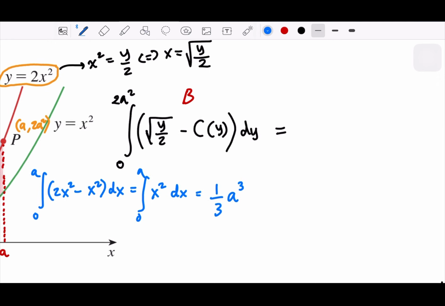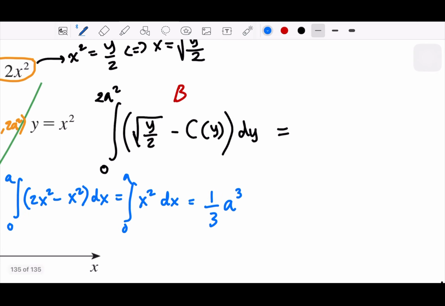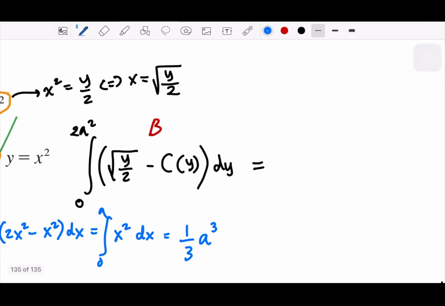Okay, now we are going to equate this b with this a, but let me simplify this first. Let me solve the left one here, because I think we can solve that. So the square root of y over 2, we can write as 1 over 2 like that, and then we can integrate this, right?